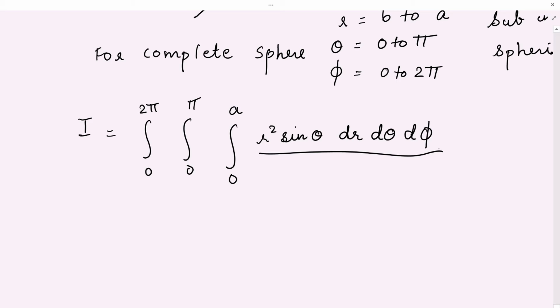And the denominator, square root of x square plus y square plus z square, will become r. Sorry, I'm writing it twice.